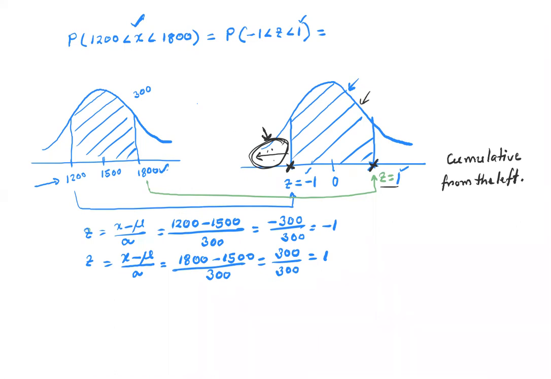So this in essence becomes probability of Z less than 1, which is everything to the left of this, right? Minus the probability of z less than -1, which is everything to the left of this point. If I subtract this from this, I'll be left with this middle region.